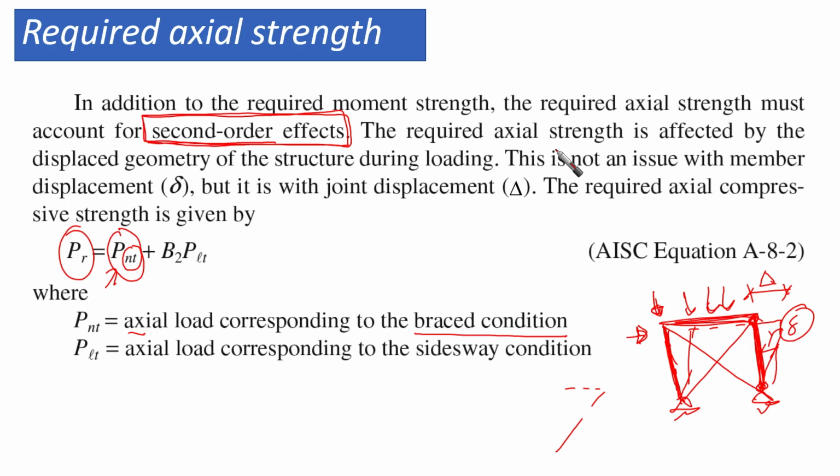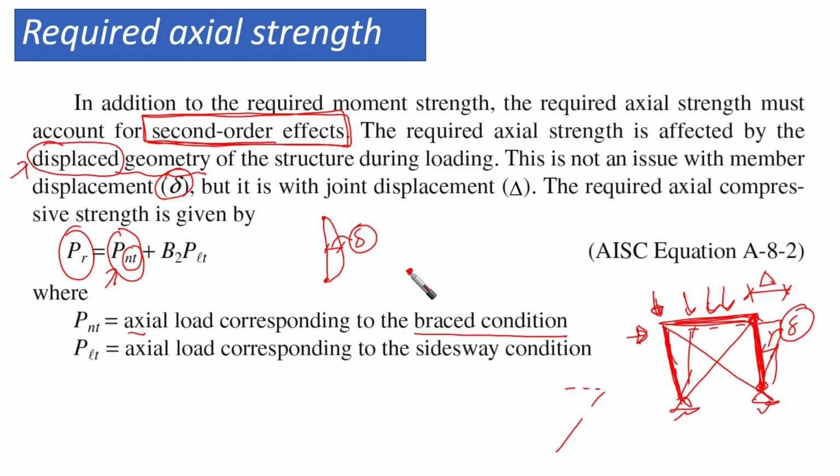The required axial strength is affected by the displaced geometry of the structure during loading. That's important here, the keyword: displaced geometry. This is not an issue with member displacement, the small delta. It will not affect the required axial strength.